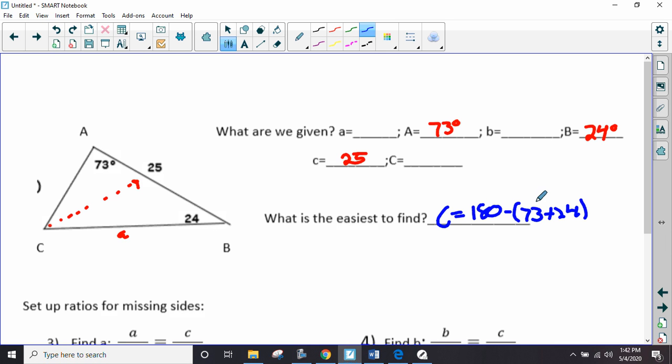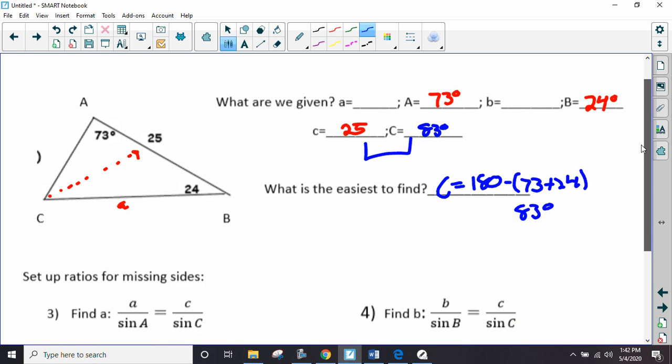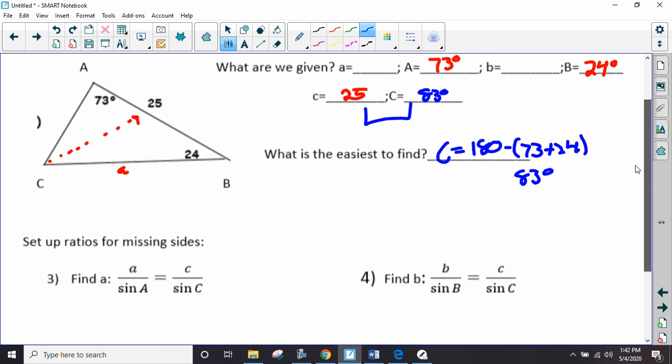So we get 83 degrees. Because it's really hard to mess this up, I'm still going to use these two things right here to find this stuff. It's set up like we did a while ago.